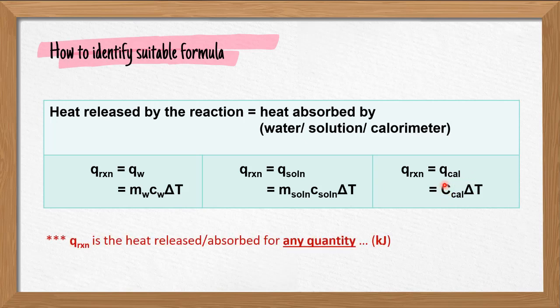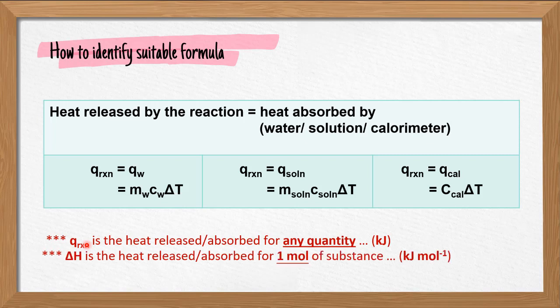Bear in mind that there are 2 points that I want you to highlight inside your handout, which are this Q reaction, or simply Q. Just now we mentioned that this refers to the amount of heat. In other words, Q is either the heat released, the heat absorbed, or the heat change for any quantity of substance.